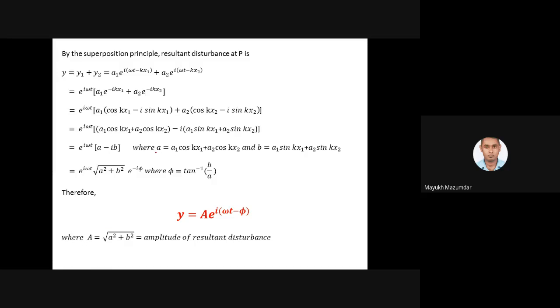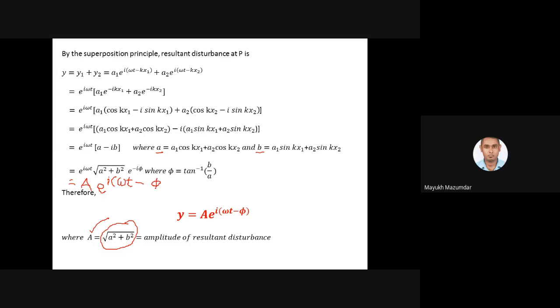One is a and b, and now we have called capital A, which is this thing. If we do that, the next line would be capital A and e to the power i omega t minus i phi. If I take i common, I can write this as omega t minus phi.